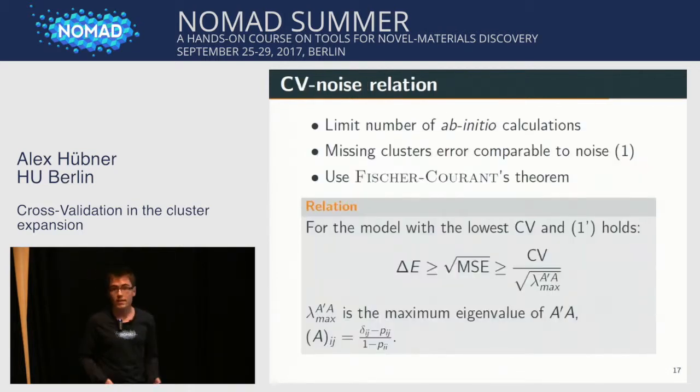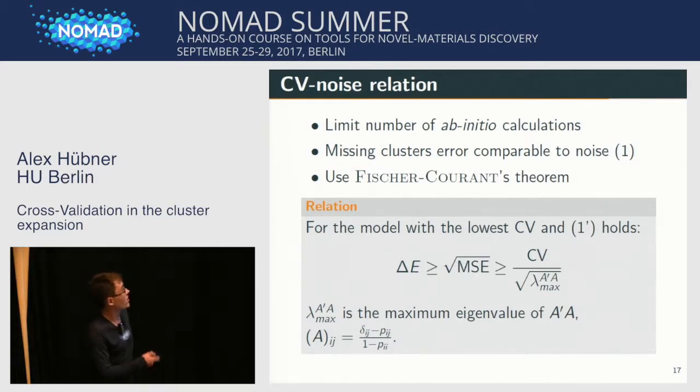The third point I want to stress is that we found a CV noise relation. We aim to limit the number of ab initio calculations for our model building, because we often encountered the situation that even though we raised the number of ab initio calculations, our prediction did not become much better. And so our idea was that when the error of the predictions, which comes from the missing clusters in our model, becomes comparable to the noise in the overall data, then that should be a break-off criterion for our ab initio calculations.